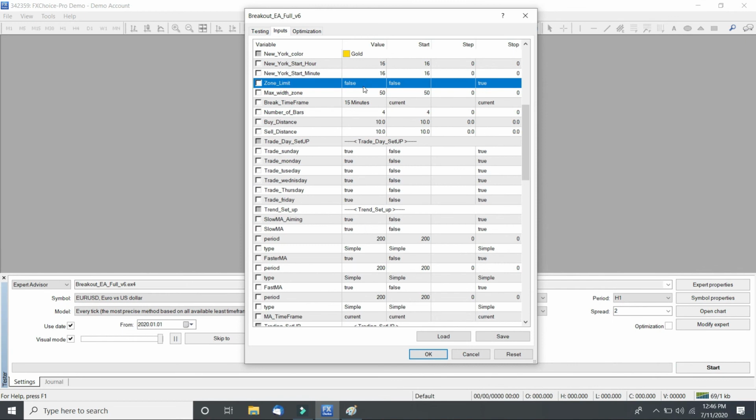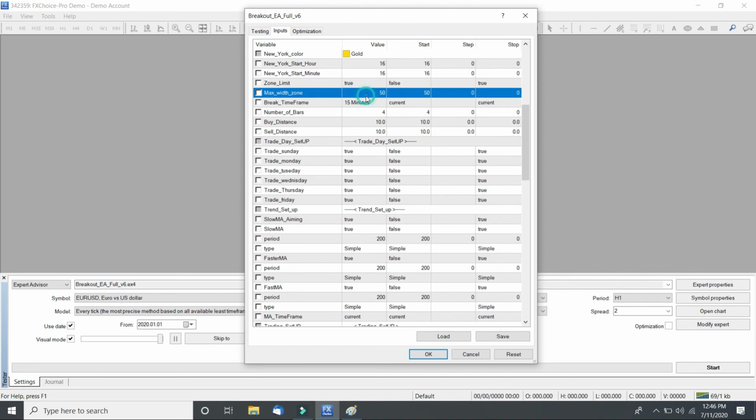So zone limit, I'm going to set to 50 pips. It depends what time frame you are trading. If you're trading a lower time frame, you don't want a very high zone. You want a decent zone. If you are trading on a daily or weekly basis, 150 pips is okay. So we set this to 50 for now.